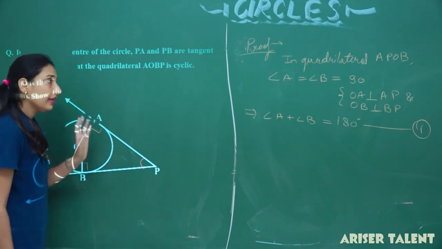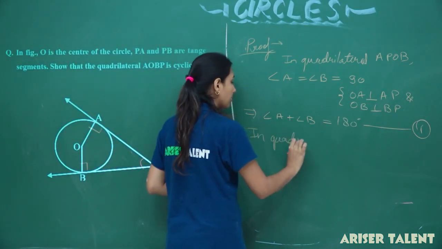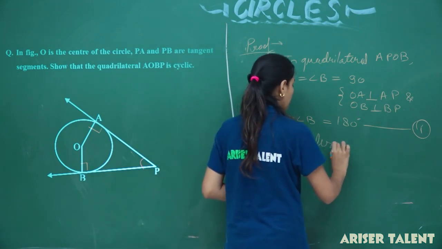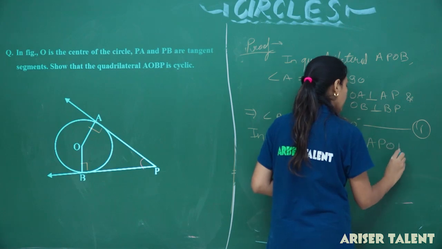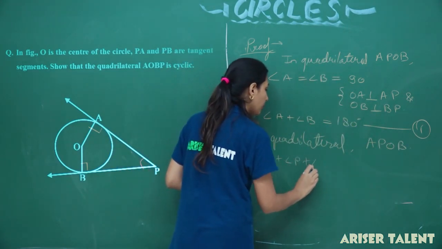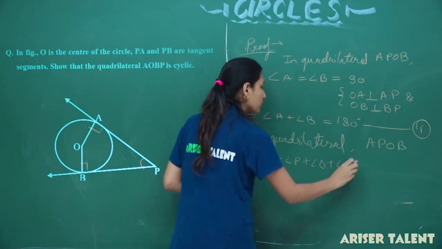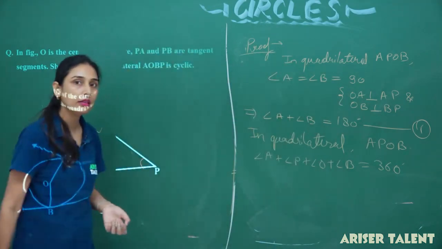Now in quadrilateral APBO again, angle A plus angle P plus angle O plus angle B will be equals to what? 360 degree. That will be for a quadrilateral.